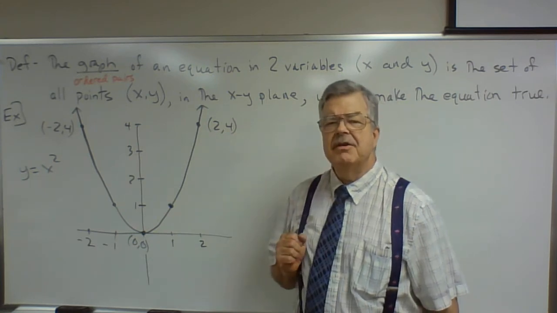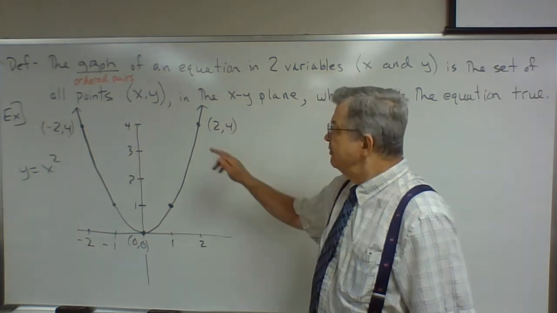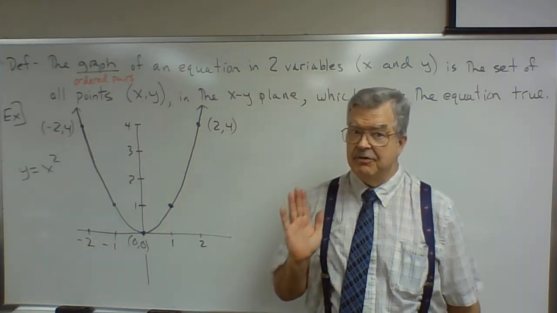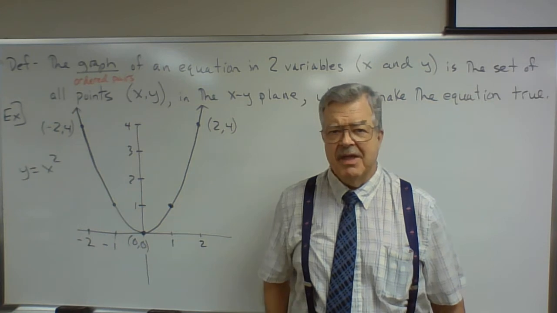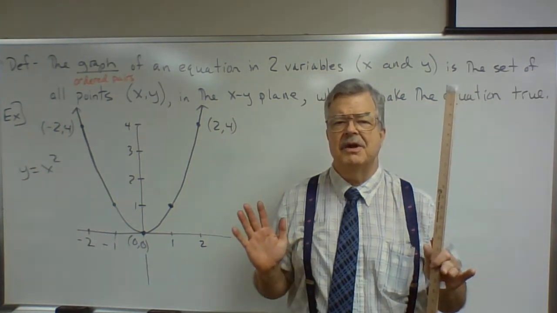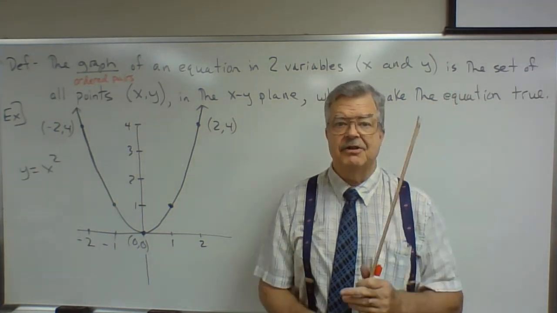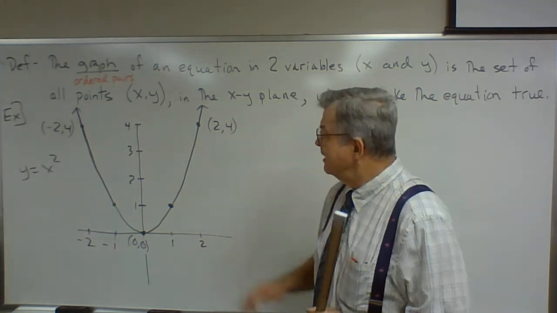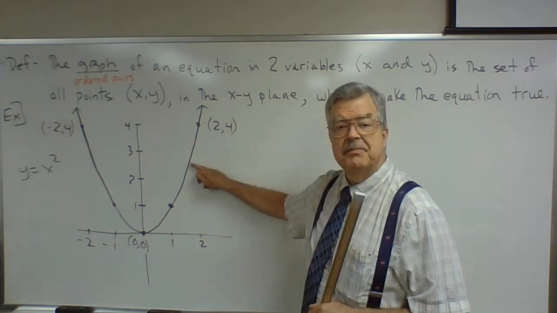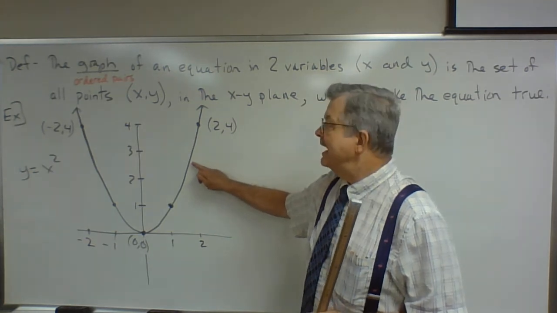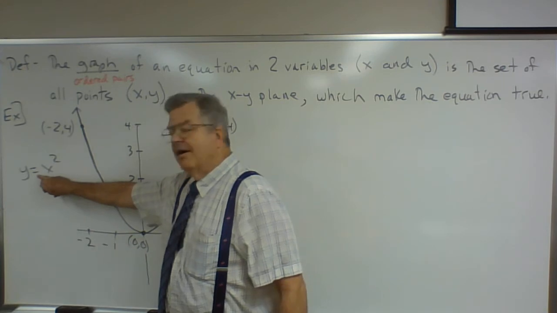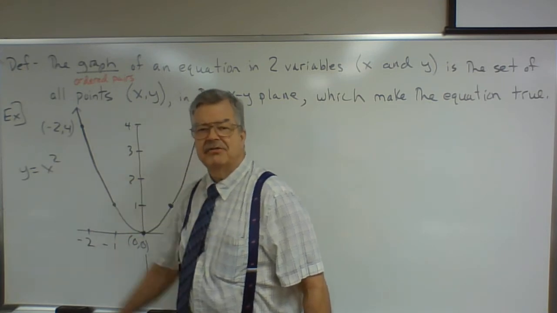Well, one thing we can do is just take some ordered pairs that are on the graph and confirm that they do make the equation true. That's not going to answer our question completely, but at least it will instill some confidence in us that, yes, this picture, this set of points actually is the solution of the equation y equals x squared.